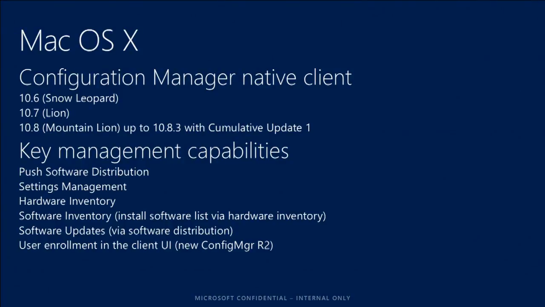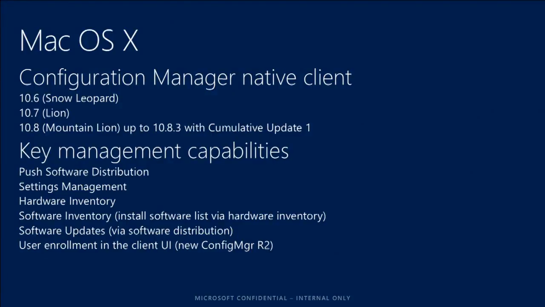What we get for you as far as management technology is a client agent that's running native, discovery, hardware inventory, which includes your installed list of applications on that device, the ability of pushing software to that device, and then the ability of doing settings management on there, implementing preferences and shell scripts to that device to control the behavior of that device.